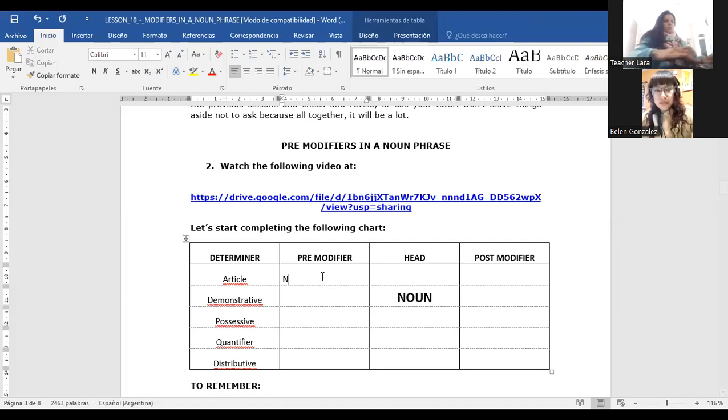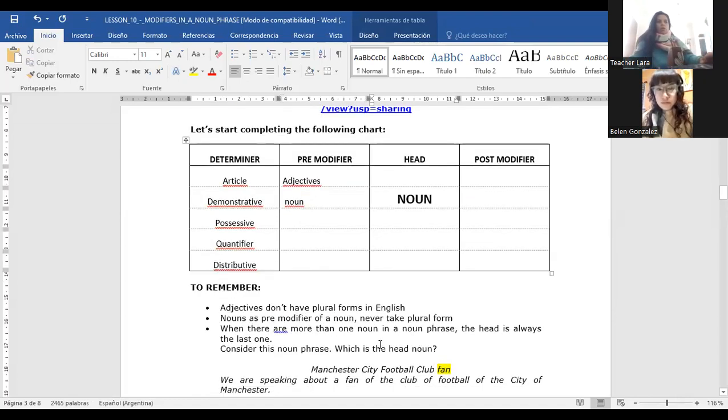The first one is adjectives, and the second one is another noun. She mentions some important information related to plurals: it is very important to remember that adjectives and nouns as pre-modifiers never take the plural form.